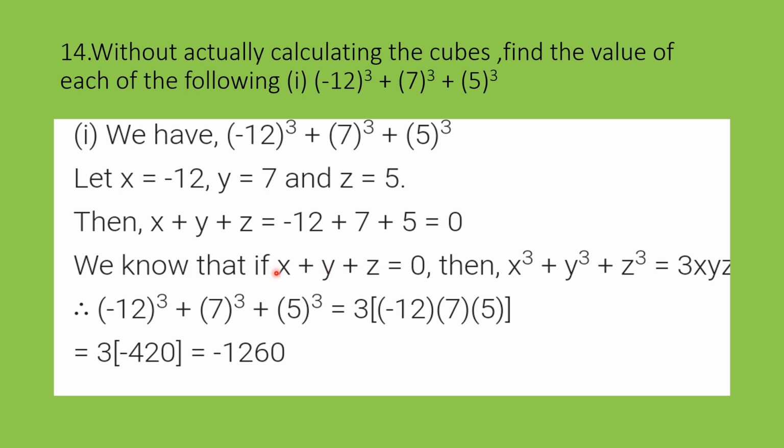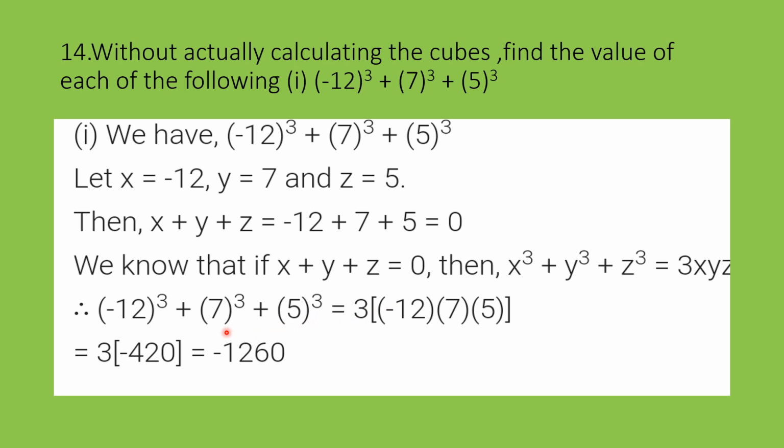Since we already know that if x plus y plus z equal to 0, then x cube plus y cube plus z cube equal to 3xyz, replace x by minus 12, y by 7 and z by 5. That is minus 12 cube plus 7 cube plus 5 cube equal to 3 multiplied by x, which is minus 12, multiplied by y, which is 7, multiplied by z, which is 5.